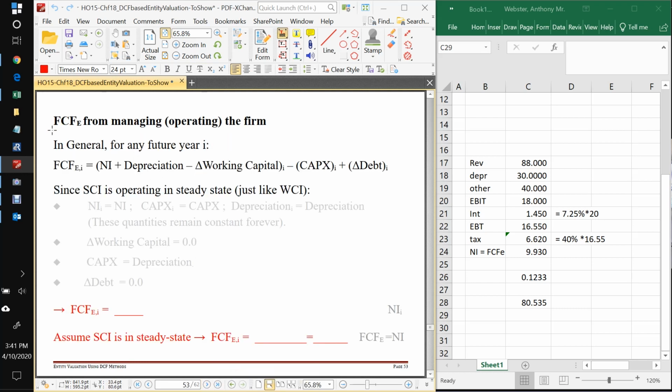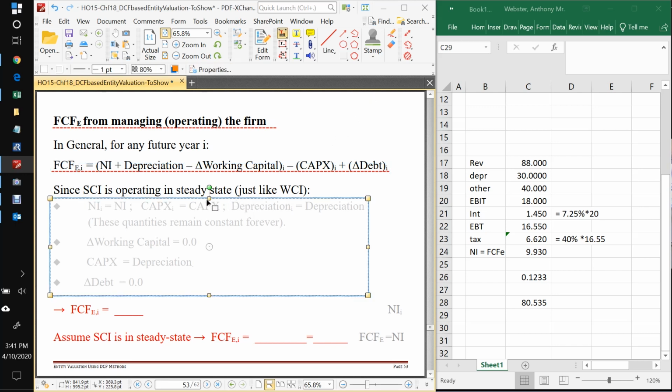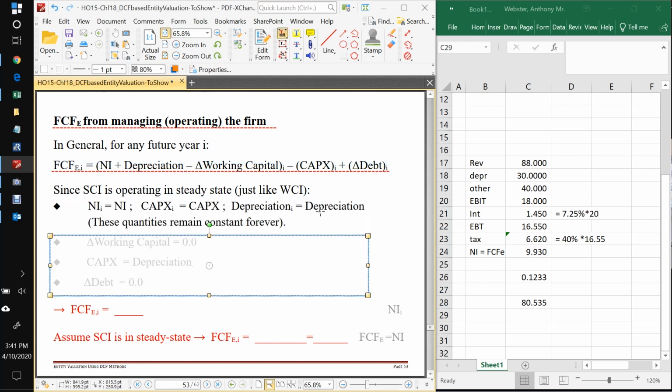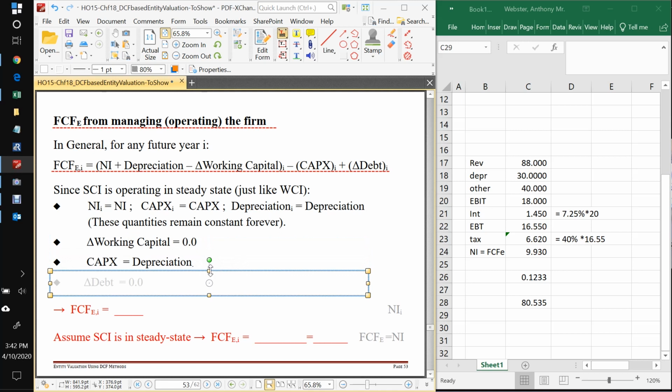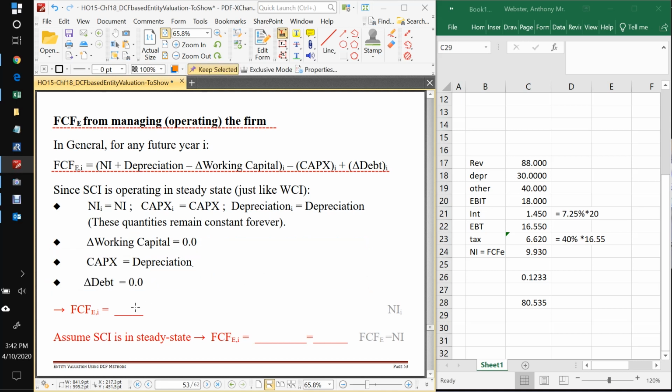Okay, now let's get the free cash flows from managing the firm, okay? And in general, as you know, for any future year, we really have to use this equation. But once again, with this steady state assumption, we can really simplify things. The net income in year 1 will be year 2, CapEx will be the same, depreciation will be the same, and if it's steady state, changing working capital is going to be 0, CapEx is going to match depreciation, and the change in debt, we already know, is going to be equal to 0.